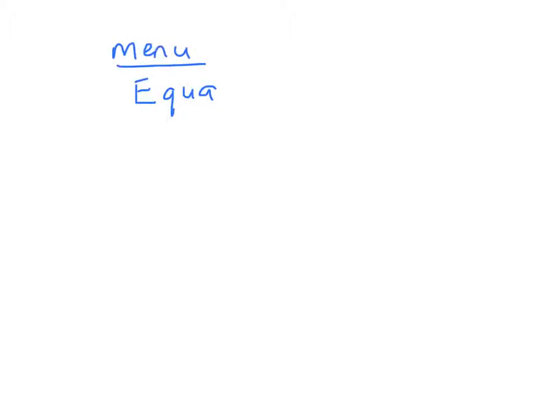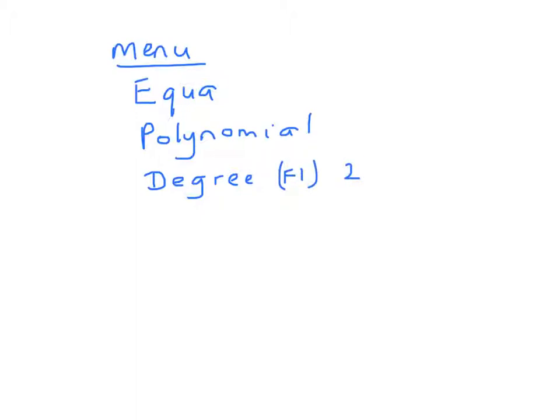On mine, anyway, I then have polynomial that comes up that I want. Polynomial. And because it's an x squared and x to the power of 2, my degree, I think it's on mine, it's the F1 key, is to the degree of 2, because it's the highest power of my x is 2.